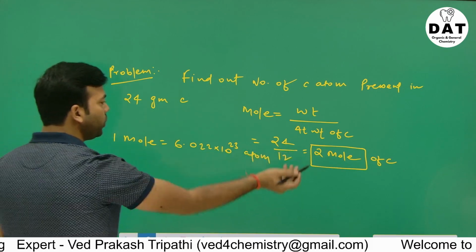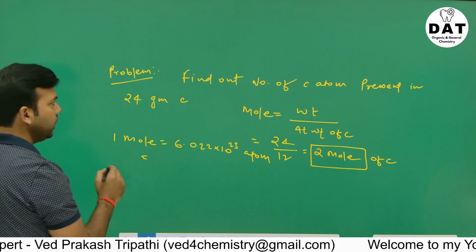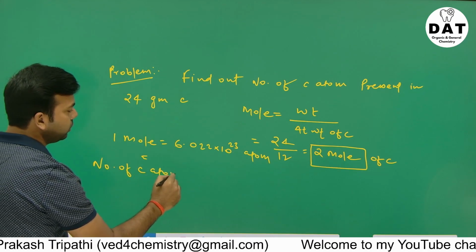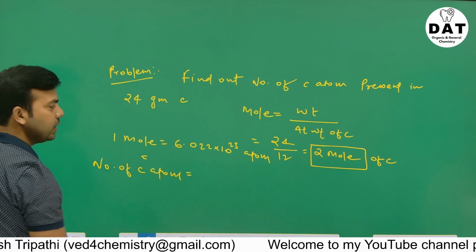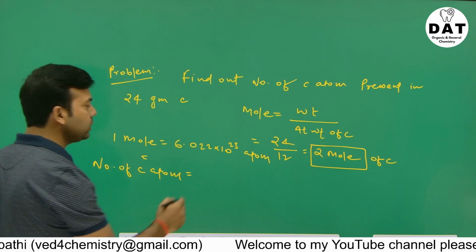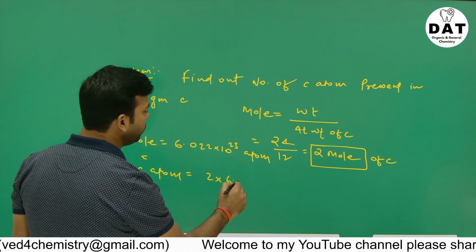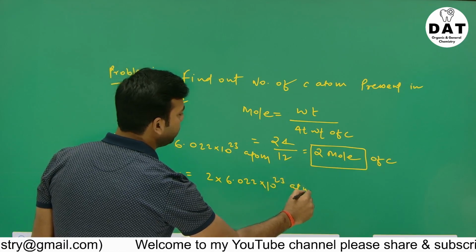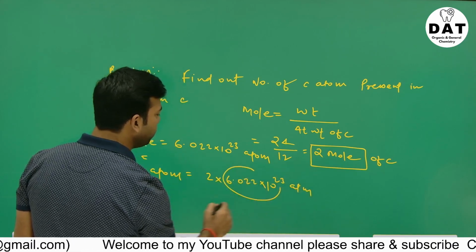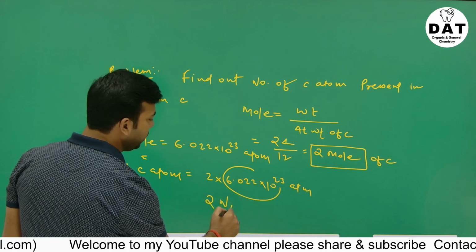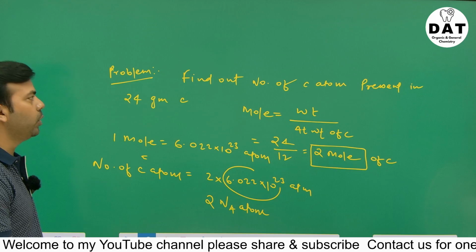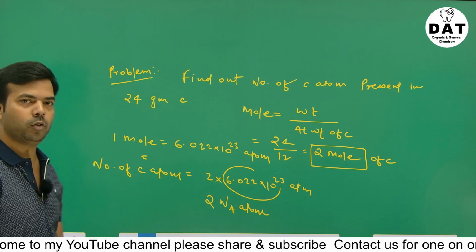But here we have 2 mole, so the number of carbon atoms will be what? If 1 mole has 6.022 into 10 to the power 23, then 2 mole has 2 into 6.022 into 10 to the power 23 atoms. This number is called the Avogadro number. So we can say 2 Na atoms. Makes sense? So this is the number of carbon atoms present in 24 gram carbon.